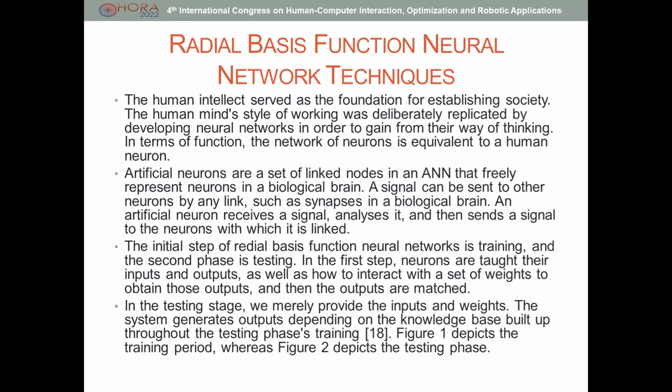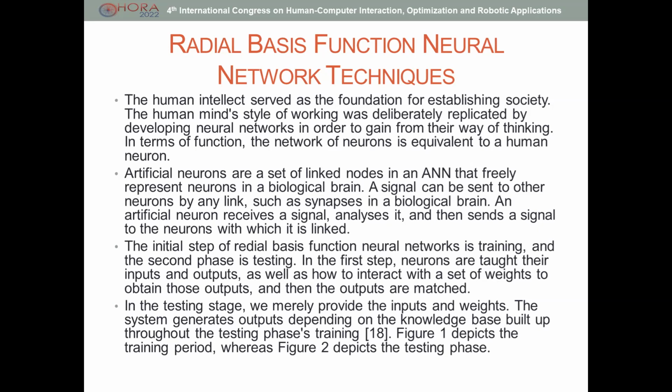The initial step of the radial basis function neural network is training, and the second is testing. In the first step, the neurons are taught their input and output, as well as how to interact with a set of weights to obtain those outputs, and then the outputs are matched.